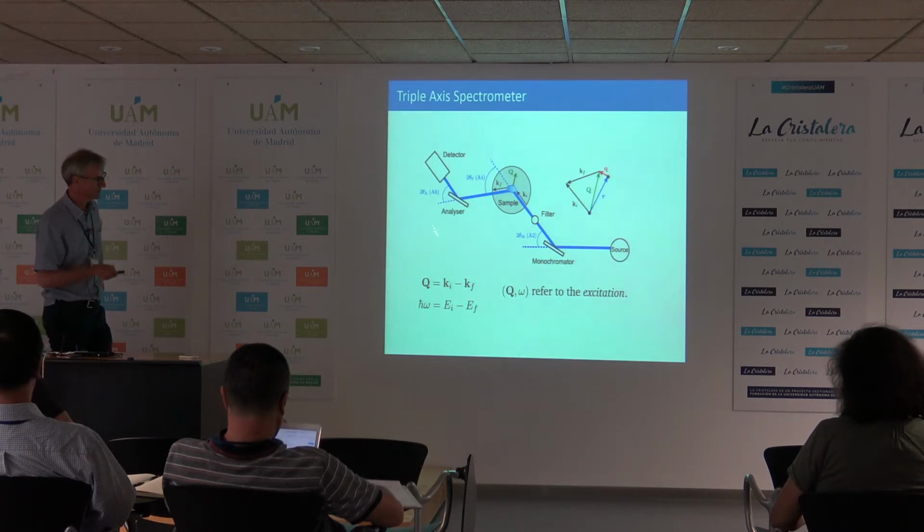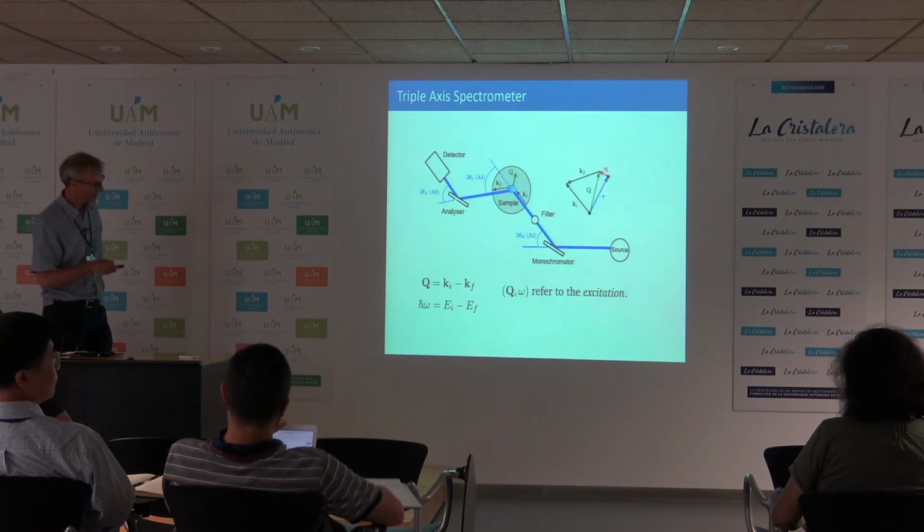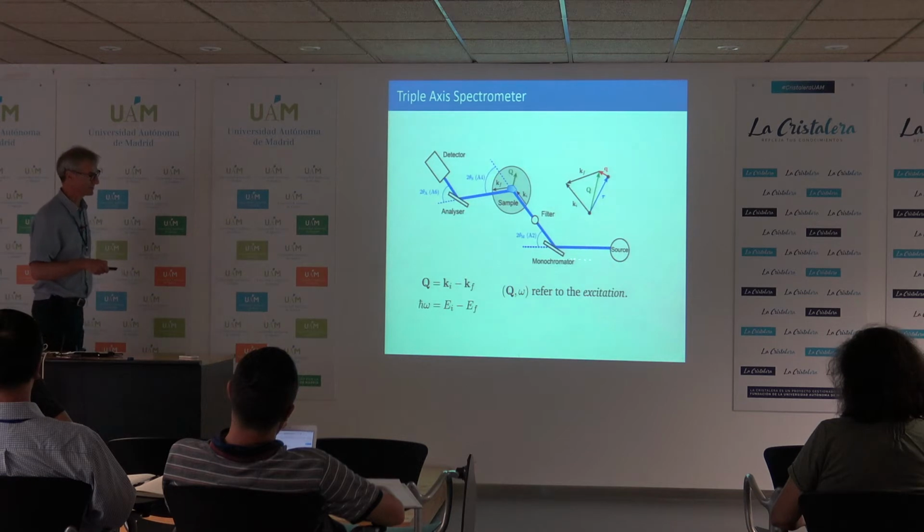So the first experiments were done like this with crystals to analyse the energy of the neutrons through a Bragg reflection and to monochromate the beam.